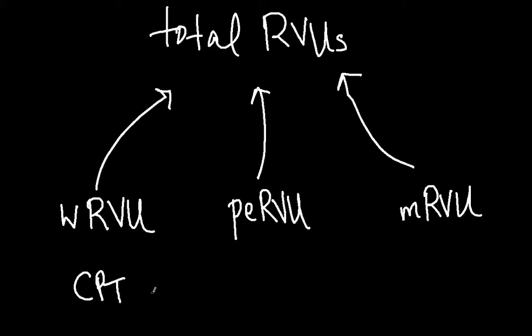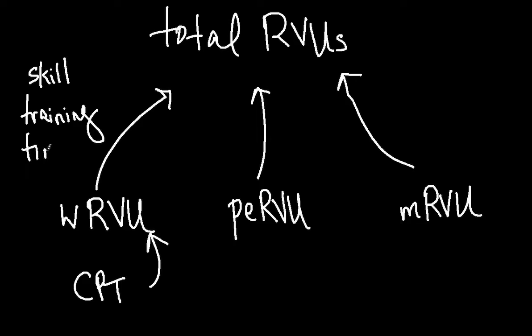And those codes can equate to your WRVU, which is what number you get assigned as a physician for the effort you've put in. The WRVU depends on 4 things: the level of skill required to do the particular service or procedure, the amount of training that you have that's required to offer that service, the time it takes to offer that service, and the intensity that is required to offer that service.